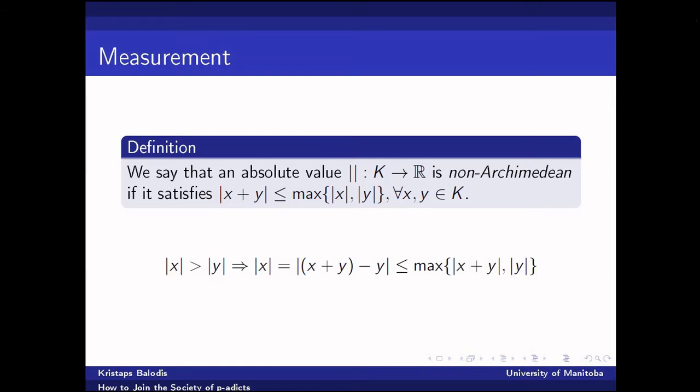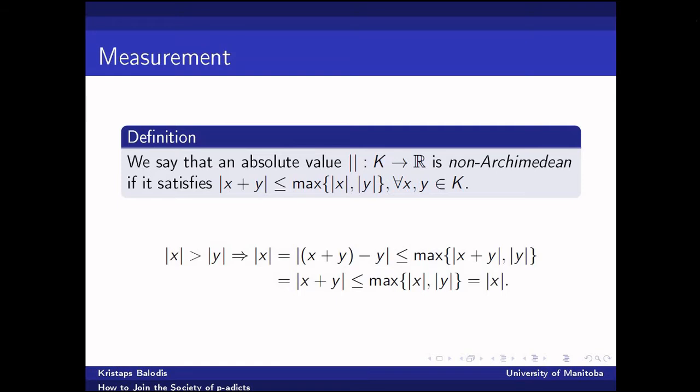So in the case that x and y do not have equal norm, then we can rewrite the norm of x as the norm of x plus y minus y. And then by our assumption that we're working with a non-Archimedean norm, that's going to be at most the maximum of the norm of x plus y and the norm of y.